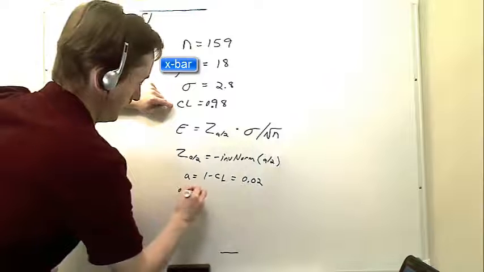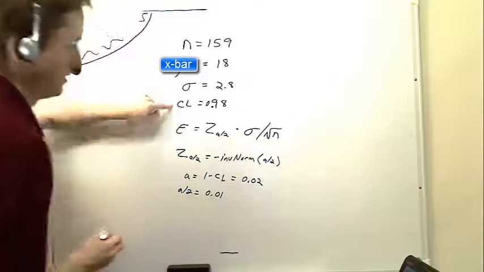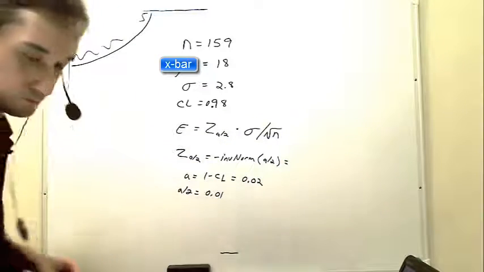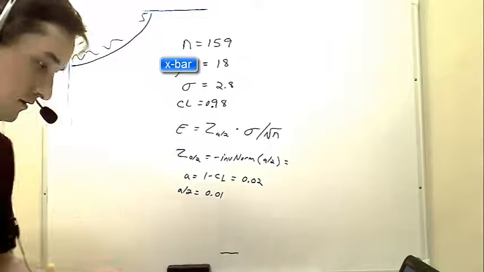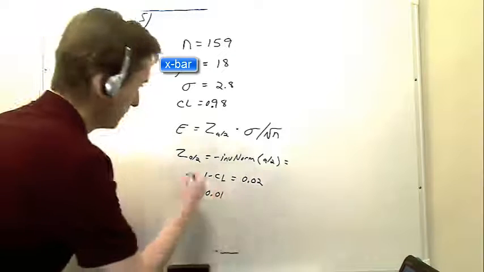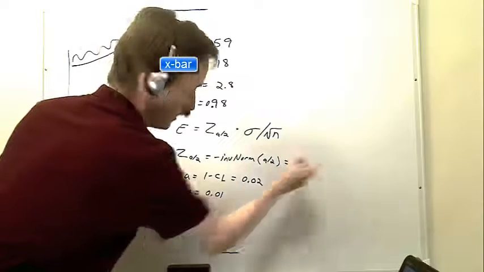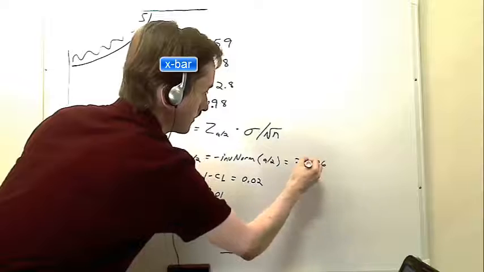And A over 2 is going to be half of that, 0.01. So this is equal to, and I get 2.326.